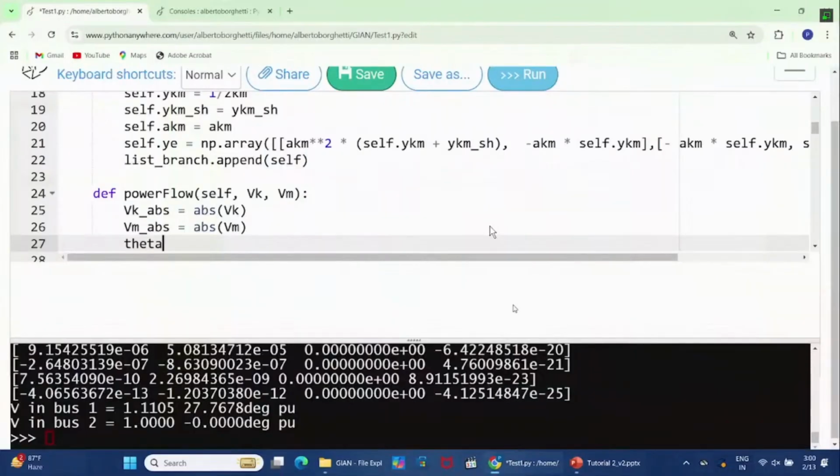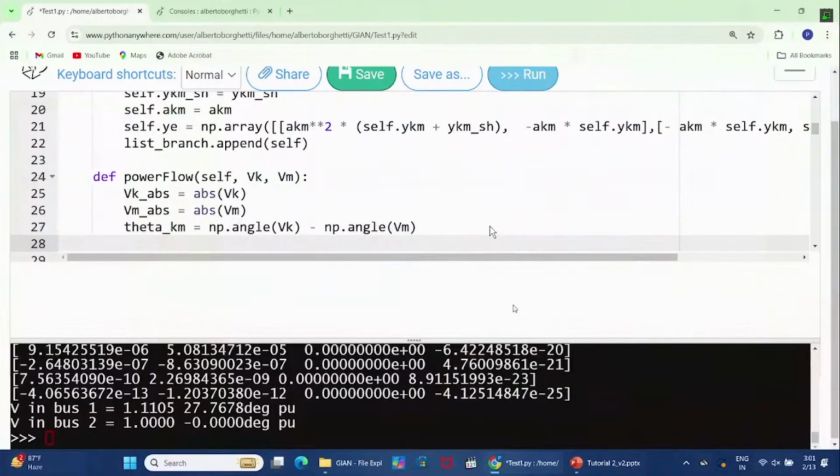So theta km is the difference between the angle of Vk minus the angle of Vm.